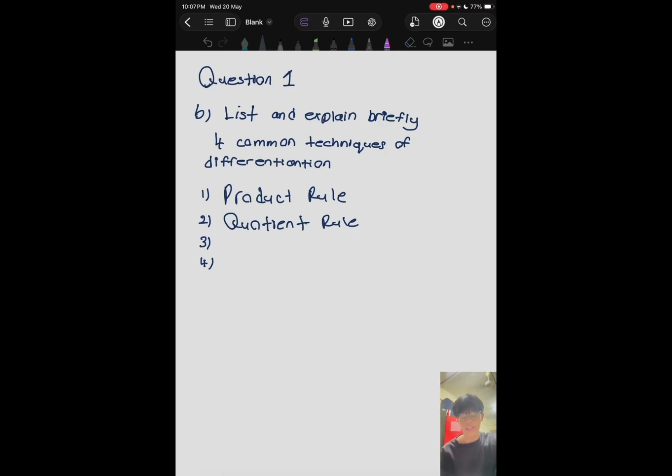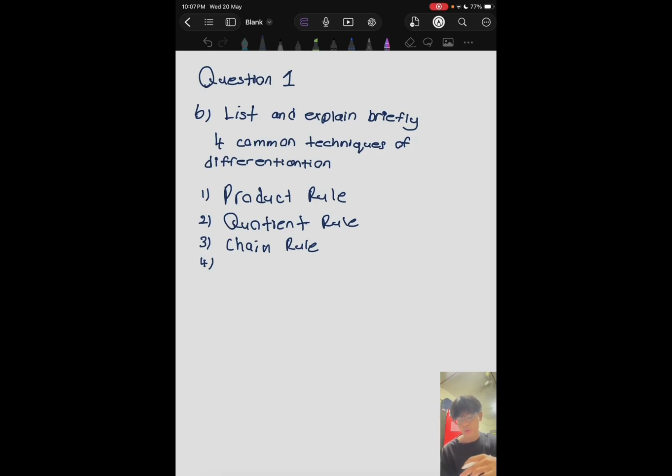What about the third common technique? The third common technique is what we call the chain rule. The chain rule is used when we encounter a composite function, meaning there is a function nested inside another function.